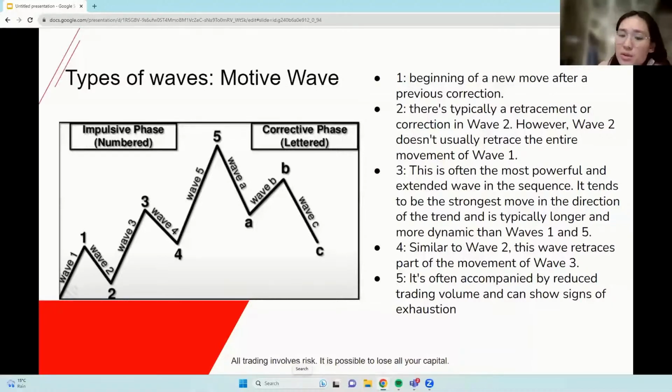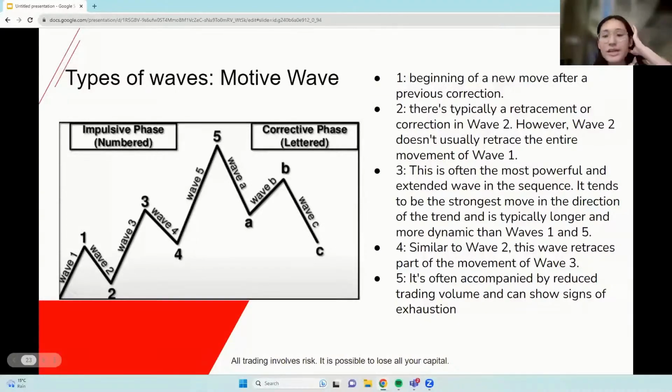So Elliott proposed that market trends consist of 5 waves in the direction of the primary trend, followed by 3 corrective waves. These waves are known as impulse waves and are labeled with numbers 1, 2, 3, 4, and 5. I have included bullet points to show you, just to make it a bit clearer.